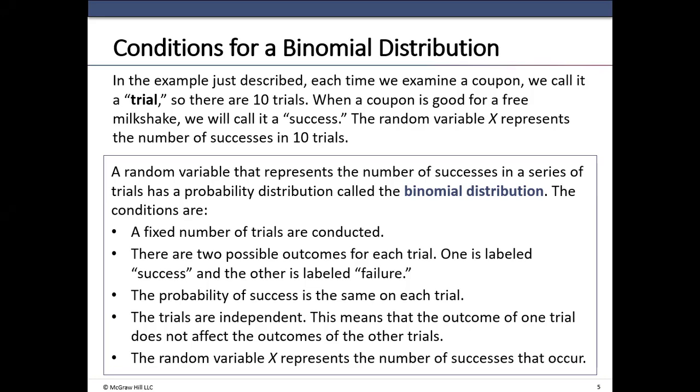Remember, in this problem, 20% of the coupons are printed with a free milkshake, so the probability of success is 0.2. The trials are independent. That means the result of one trial does not affect the results of the other trials. The random variable X represents the number of successes that occur.